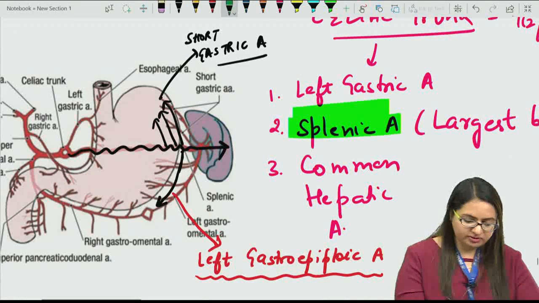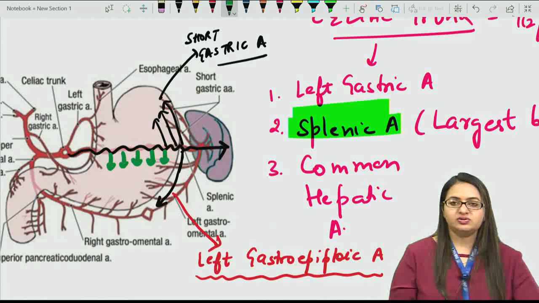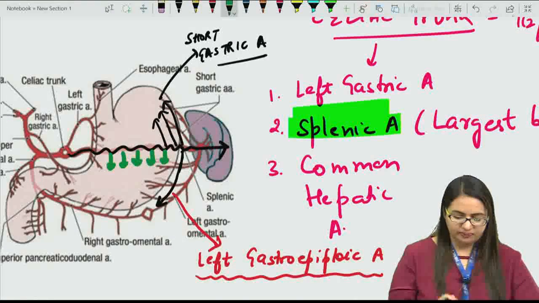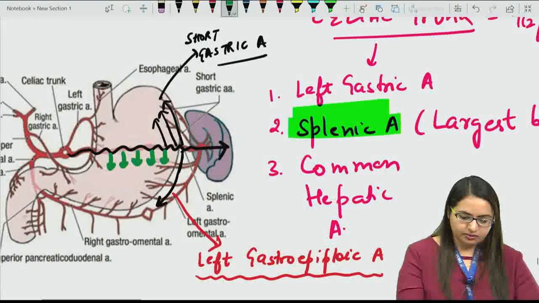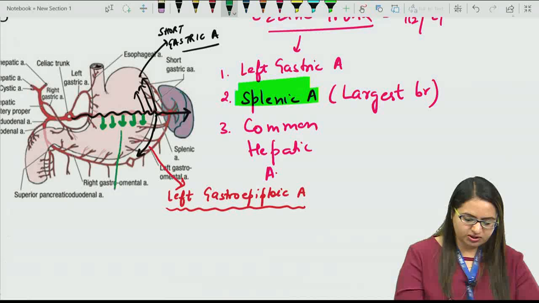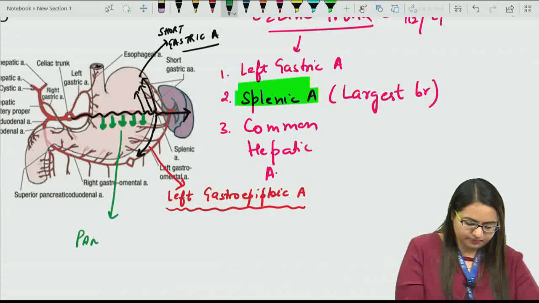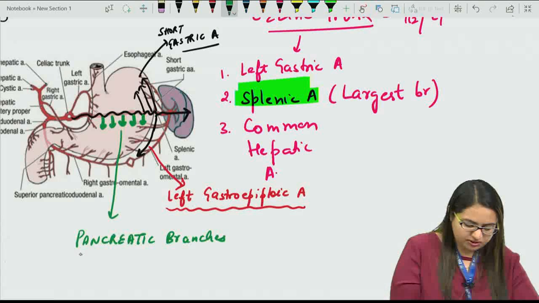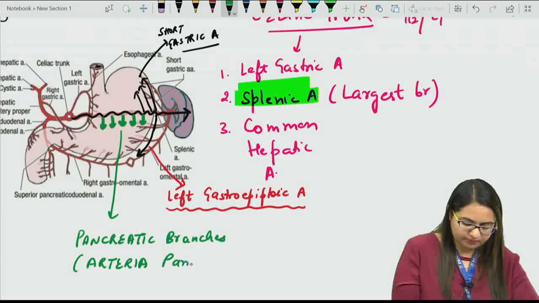Apart from this, it is also giving smaller branches which will supply the pancreas, and these are the pancreatic branches. In this, the longest branch is termed as pancreatica magna, the arteria pancreatica magna.